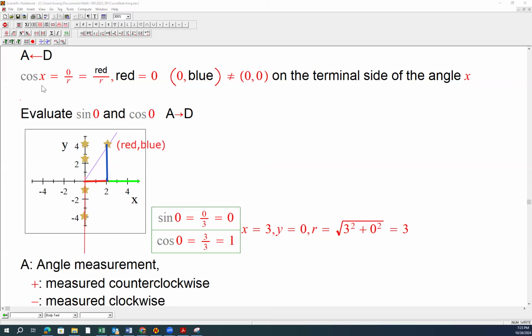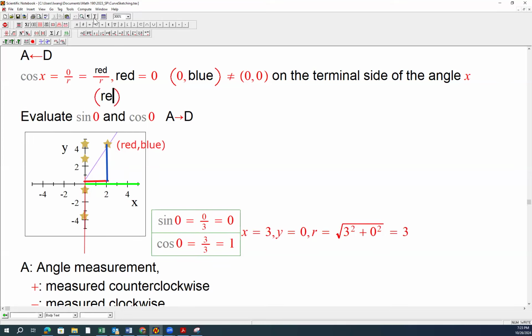So in order not to be confused with the x here, which is the input for cosine, meaning an angle, and we don't want to confuse this with our definition x comma y, so we call the x comma y red and blue. Okay, so red and blue.